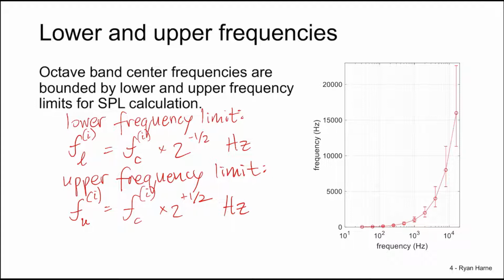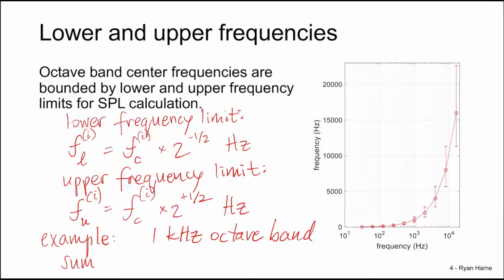So when we sum for the 1 kilohertz octave band, we sum pressures from 707 hertz to 1,414 hertz.